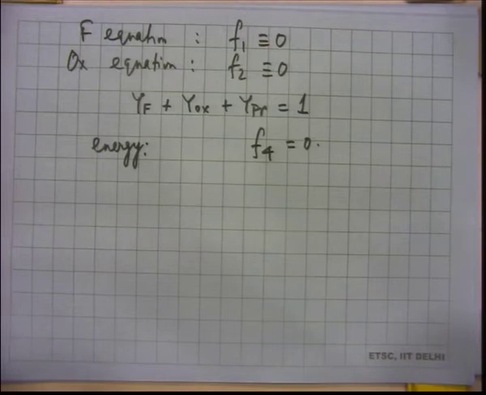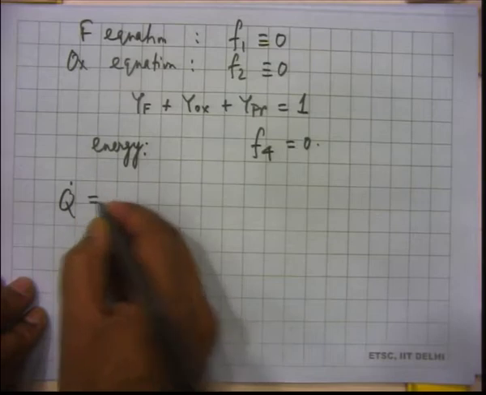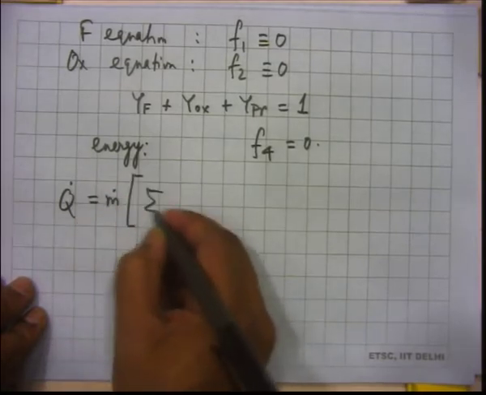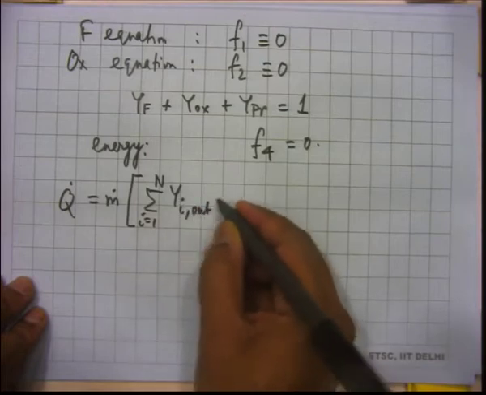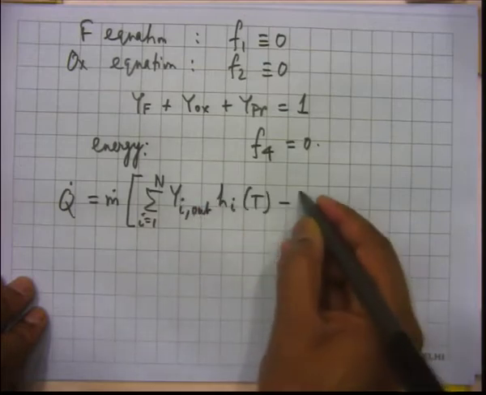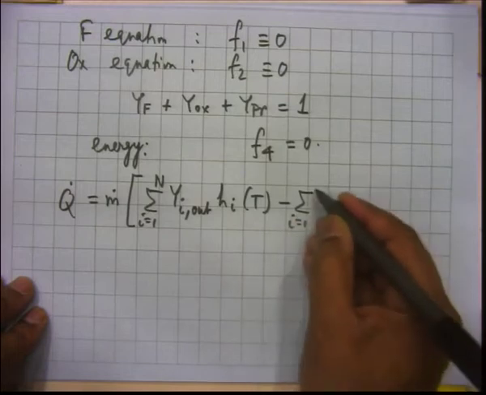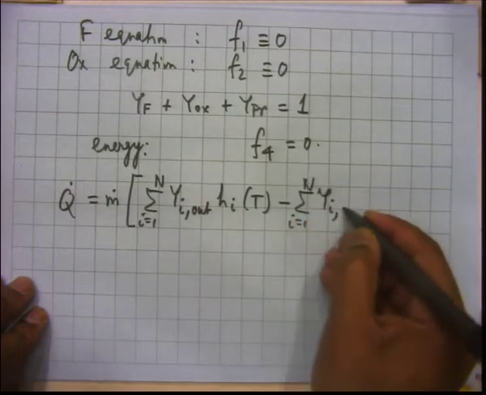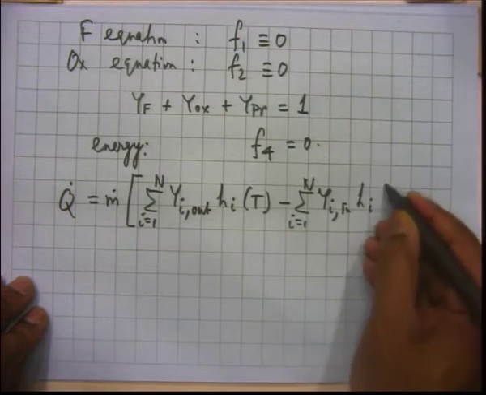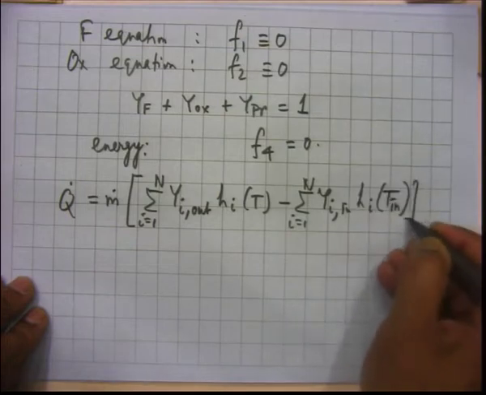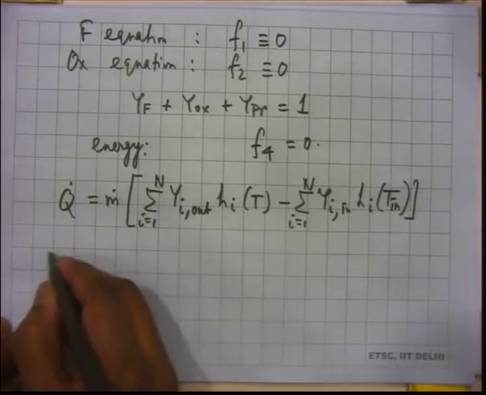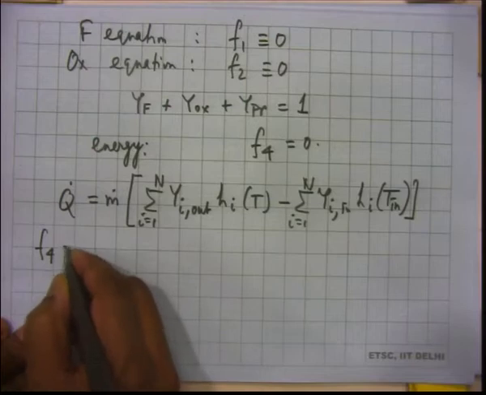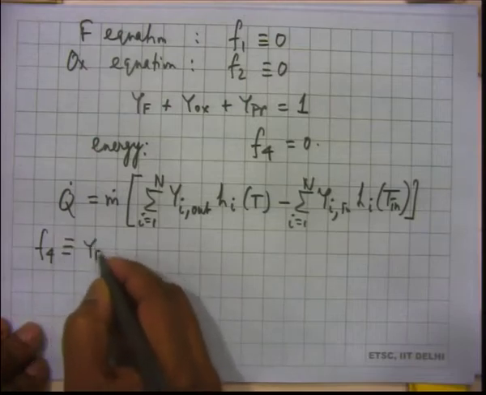So, the energy equation is, so we have this, and as F4 we will write things like this.